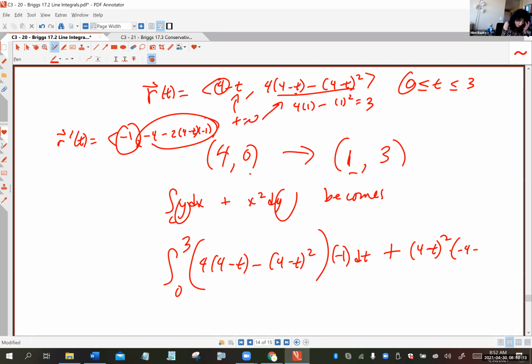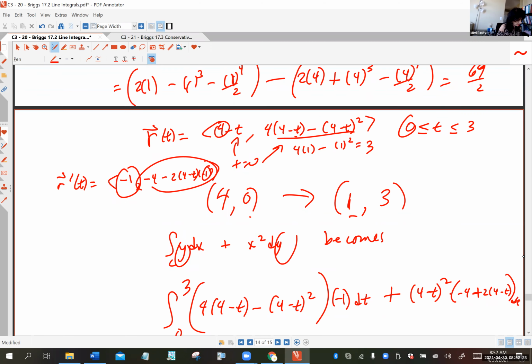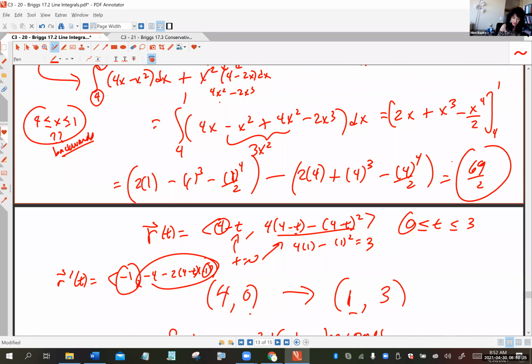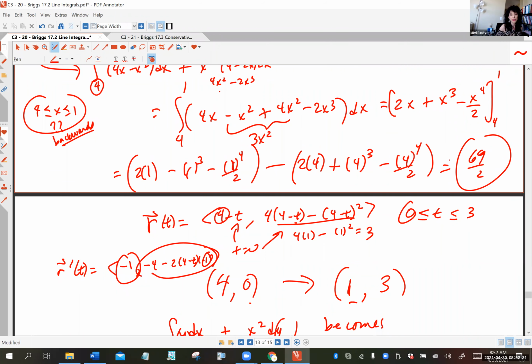I'm going to multiply -1 times -2 to get a +2, and you can multiply all this out, and then dt. And I claim this answer, I'm not going to do the rest of this, it's just going to be a pain. No matter what your parameterization, as long as it's honoring everything and honoring the orientation as well, you should get 69 halves.